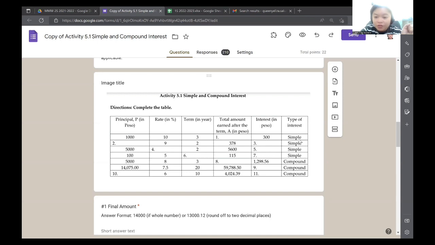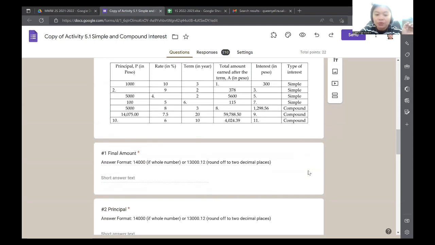For the first four, simple interest, and the last three are compound. It is not indicated whether compounded annually, semi-annually, quarterly, or monthly. These are all annually.